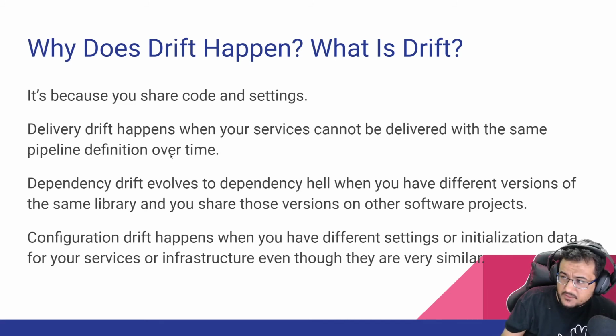And then configuration drift also happens because your libraries may have changed the way that you configure that specific micro library. If you just spread the latest version across all your microservices, some of them will fail eventually, right? And that's something that happens because of the organic nature of software.